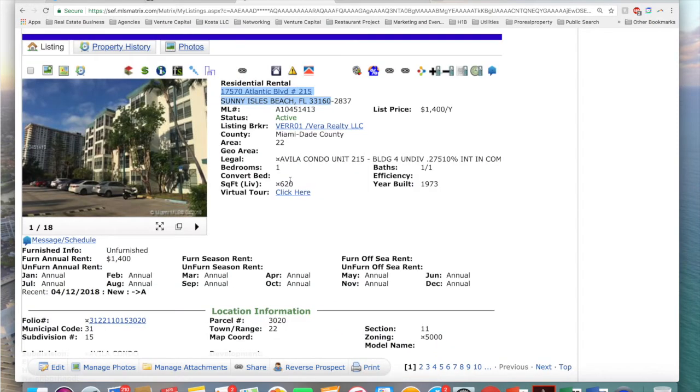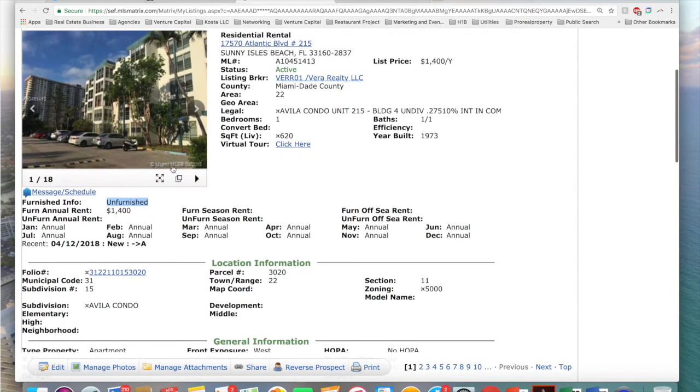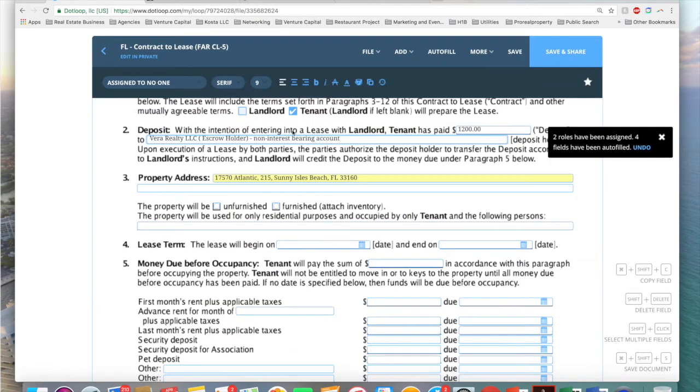So go back to MLS, and you should know that before you make the contract to lease and when you already looked at the property, because your tenant will tell you up front if they want to rent furnished or unfurnished. So in our case, we have it unfurnished, and John also requested unfurnished place because he has a bunch of furniture which he will be moving with, so we put unfurnished.